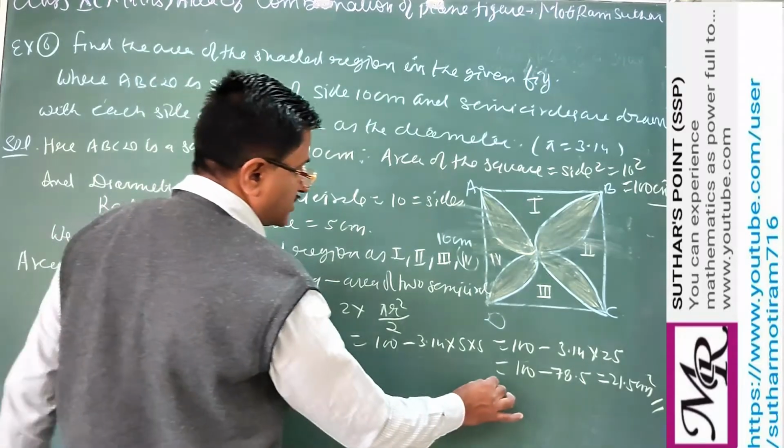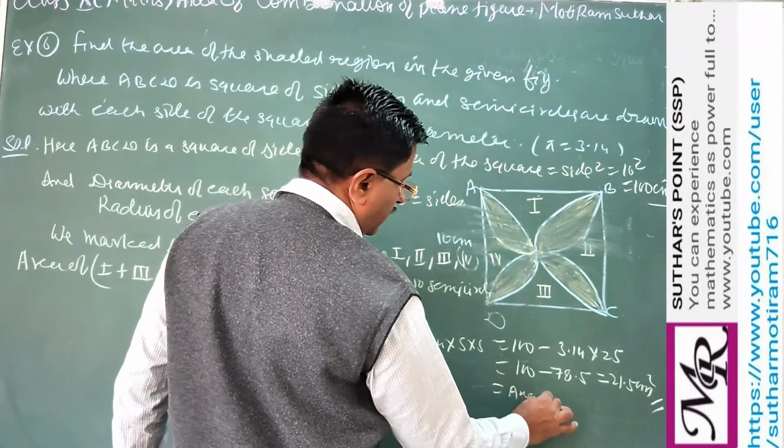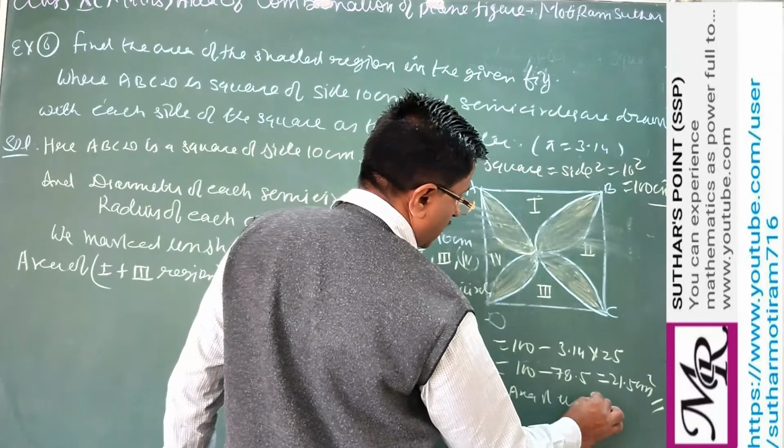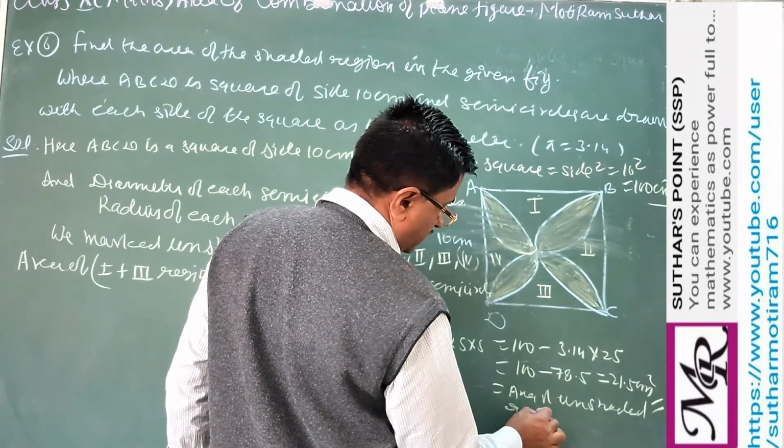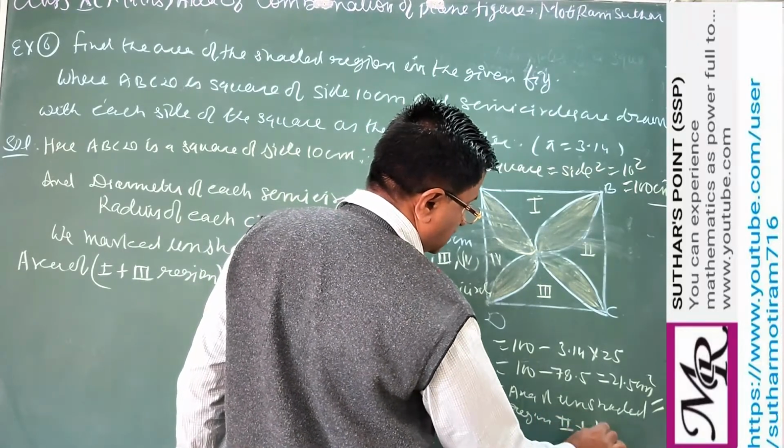So you can write this is equal to area of unshaded region 2 plus 4.